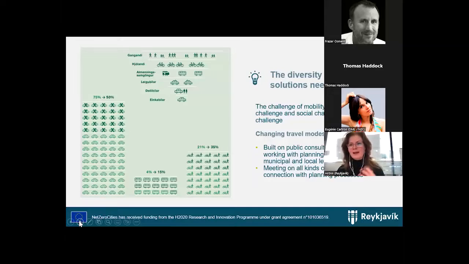But then the climate action plan and the municipal plan are very much connected, because in the municipal plan we are talking about the climate action plan and making a revision to that, and also vice versa in the climate action plan as well.